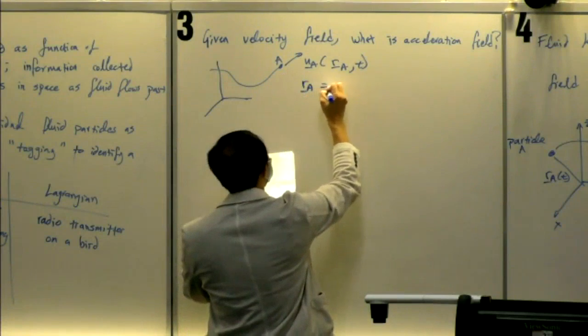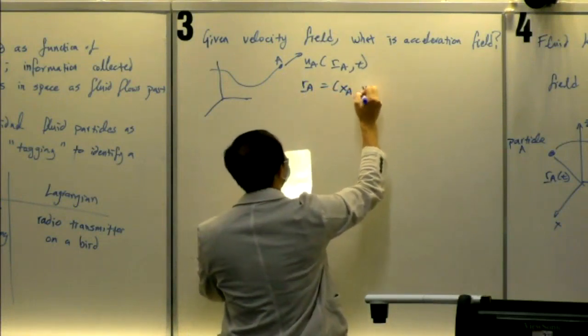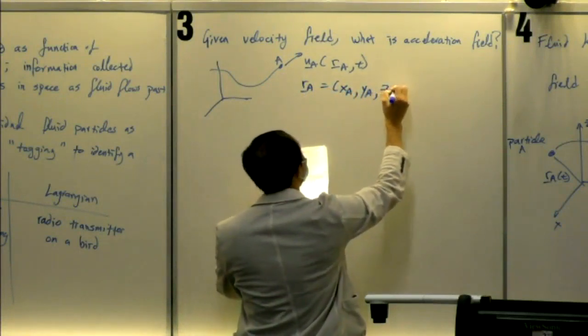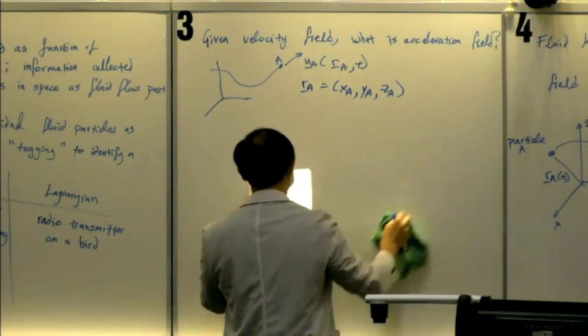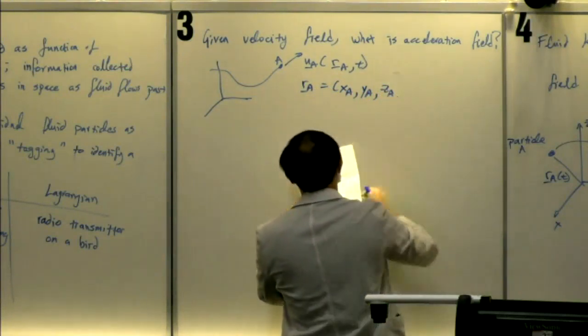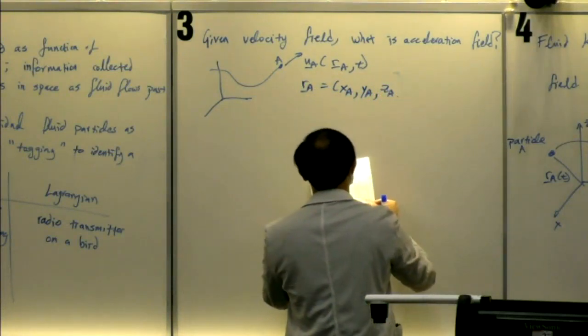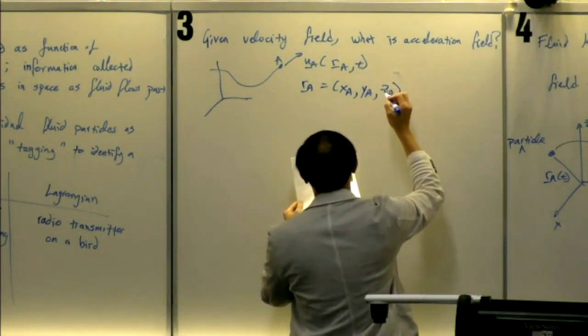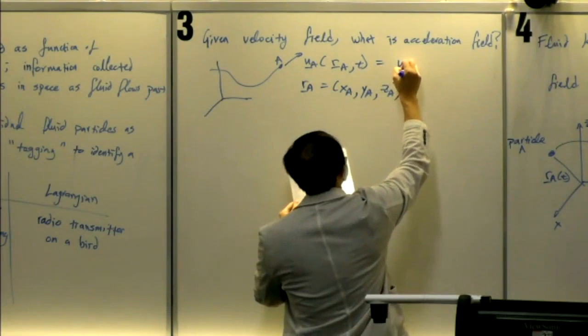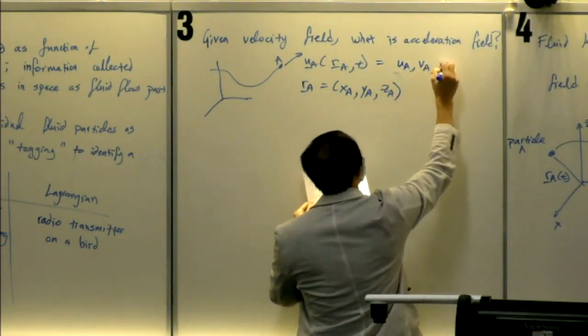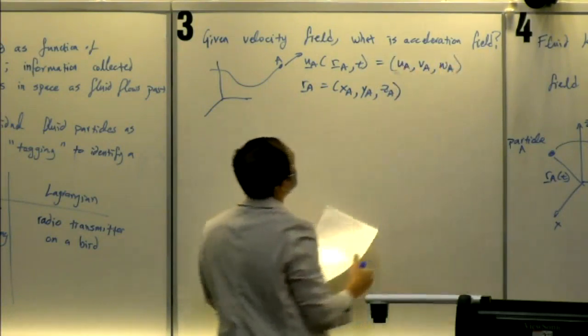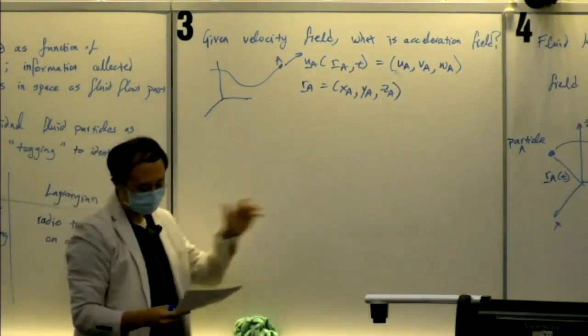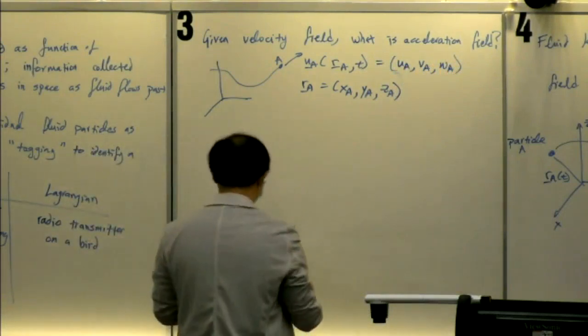Just to remind you, we'll have this notation X_A, Y_A, Z_A, and we'll call the velocity components U_A, V_A, W_A. I'll stick with the same notation that U, V, and W mean the velocities in those three directions.